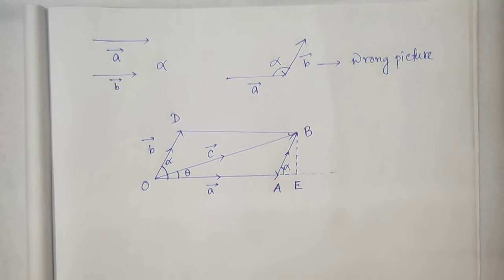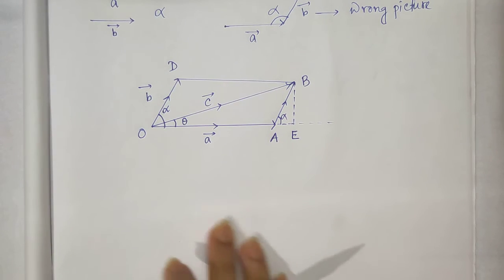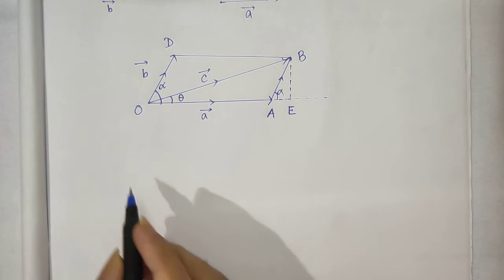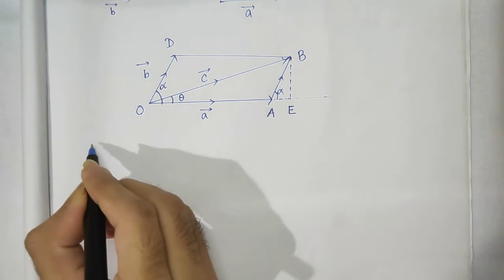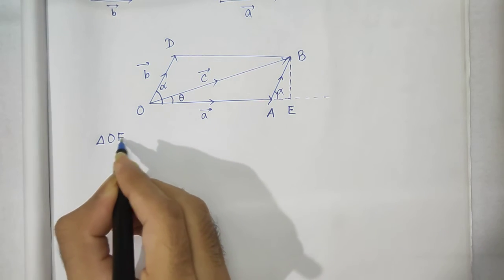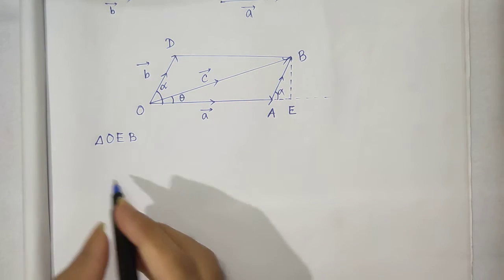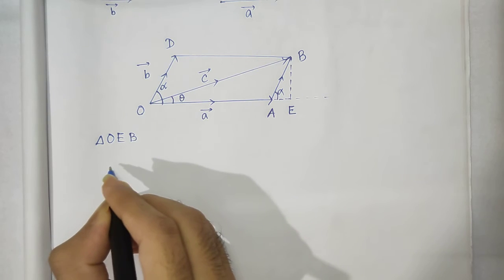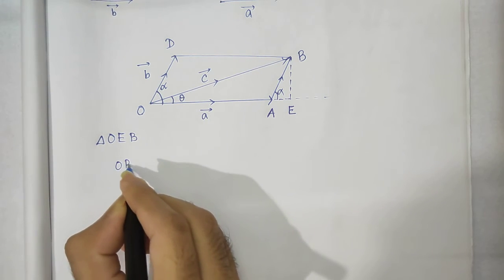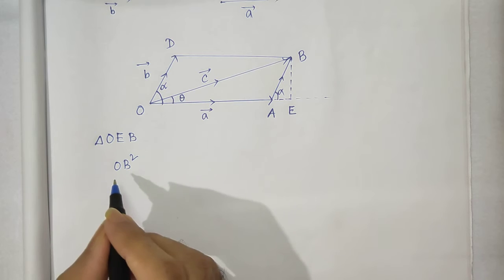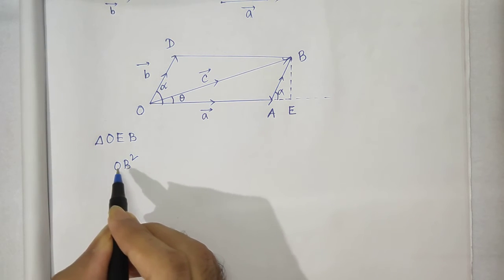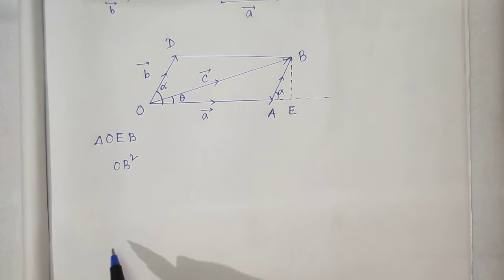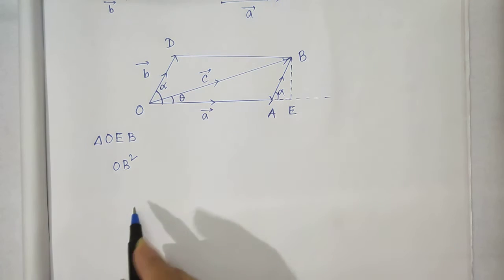Now, from the theorem of Pythagoras, we can write for the triangle OEB: OB square equals OE square plus BE square, right? Please note that I am not writing the vector, I am writing the magnitude only, and we are calculating the magnitude of C here.